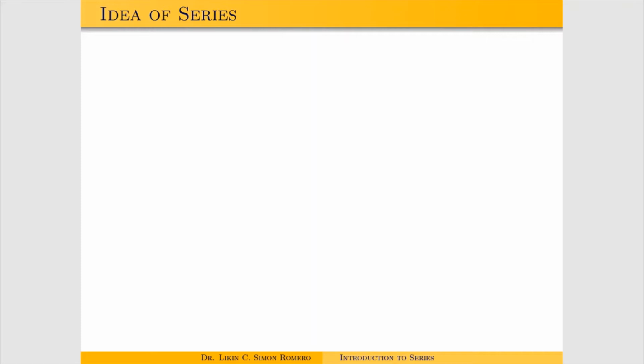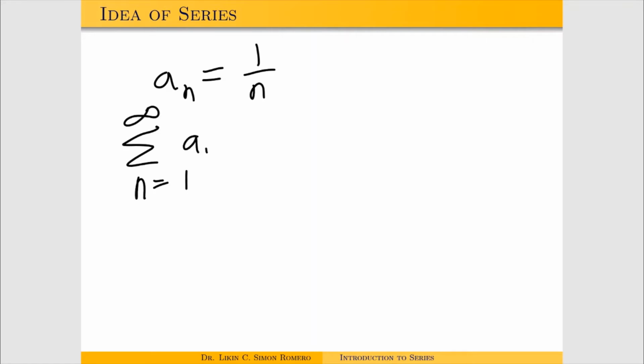Alright, so if we want to look at the idea of a series, the way I like to think about a series is that we have a sequence, some infinite sequence, and we add up all of the terms. So suppose we have some sequence where a of n equals 1 over n. Then if we add up all of the terms, the notation that we use here is the sum from n equals 1 to infinity of a of n.